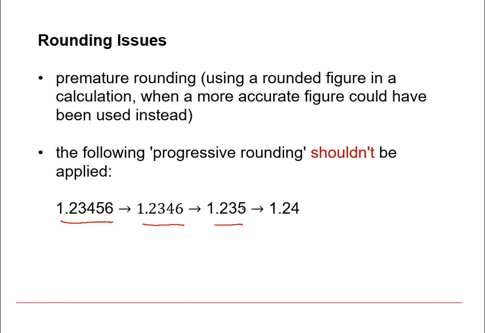So at the moment we haven't actually deviated from what we'd get if we were to round the original figure to 3 decimal places, which would also give 1.235. But if we carry on rounding, so we take our 1.235 and round that to 2 decimal places, now we've ended up with a figure of 1.24, which is not the original figure rounded to 2 decimal places.